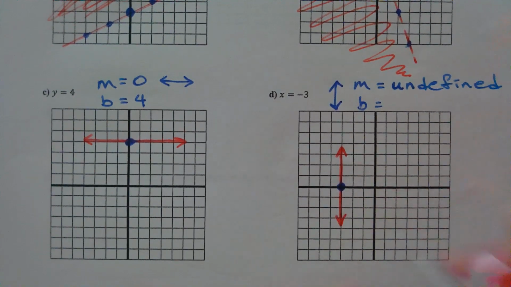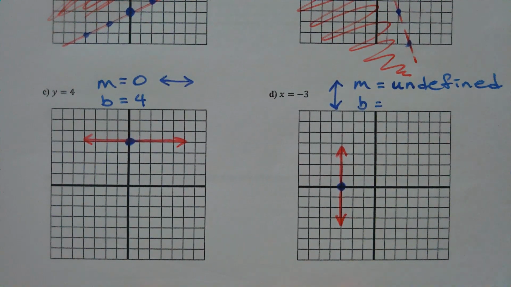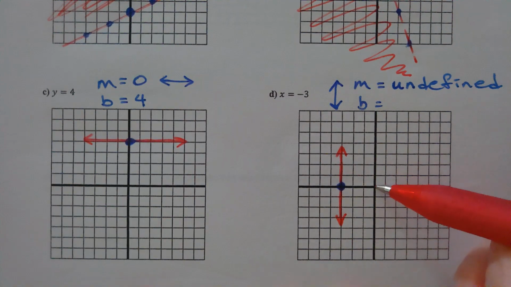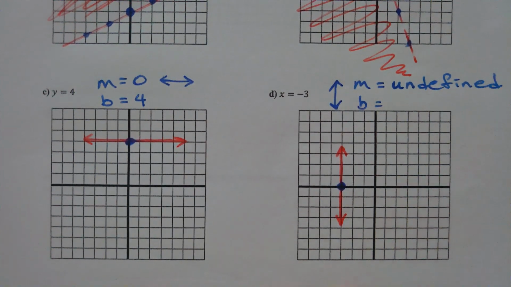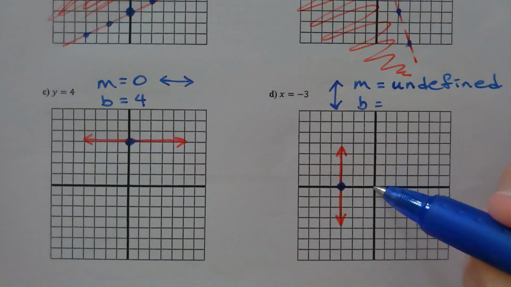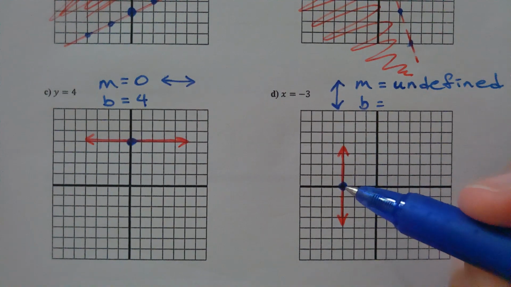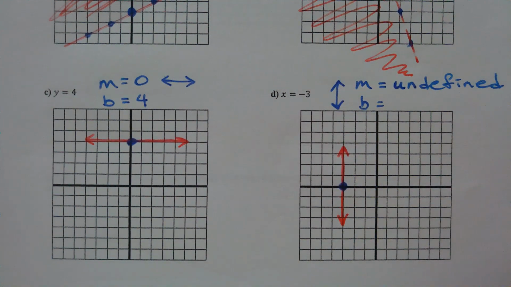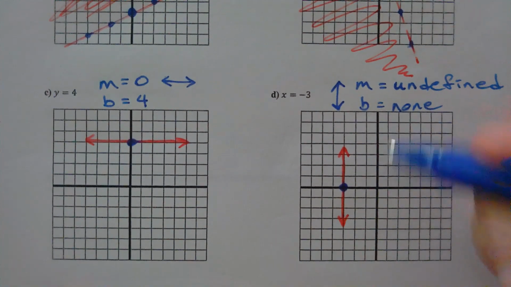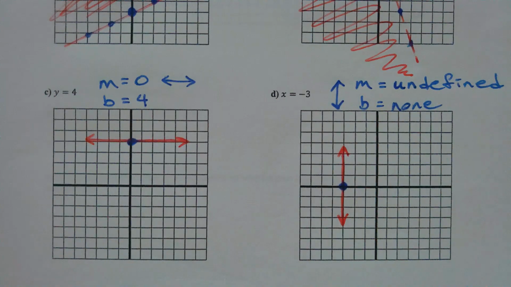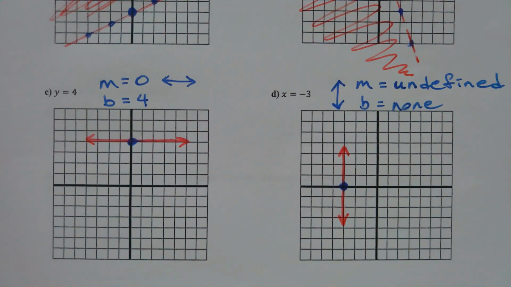So what's my y-intercept? Well, 0 would mean right here. That's not my y-intercept. -3 is my x-intercept. Sophia? Yeah, there's none. It doesn't cross your y-axis. So there's none.